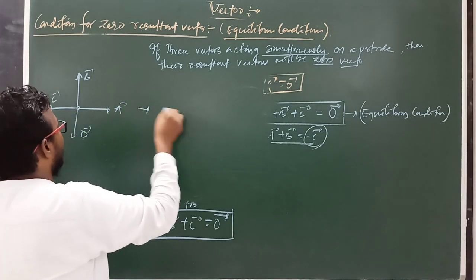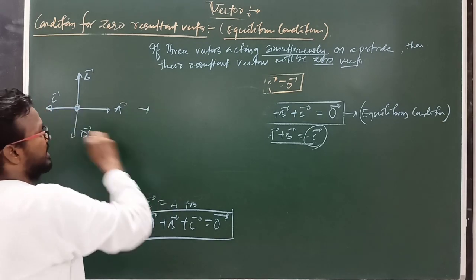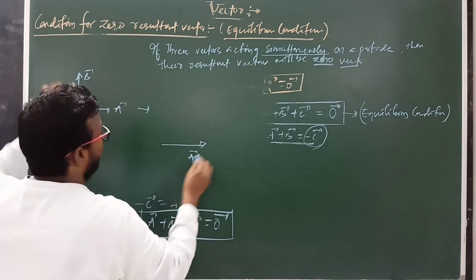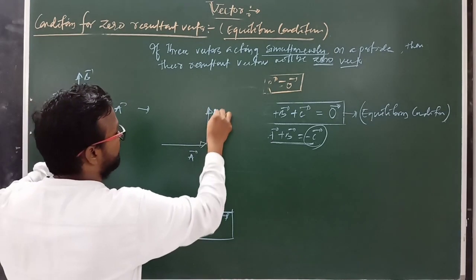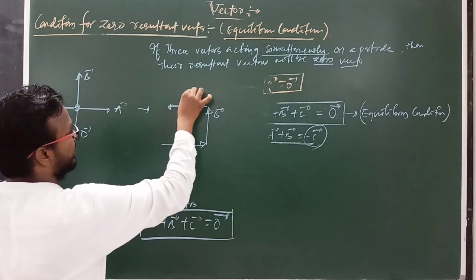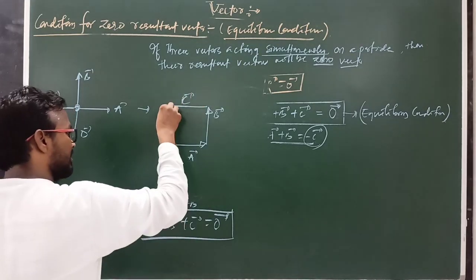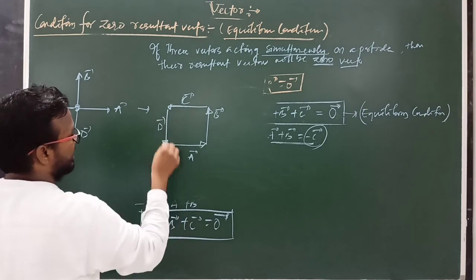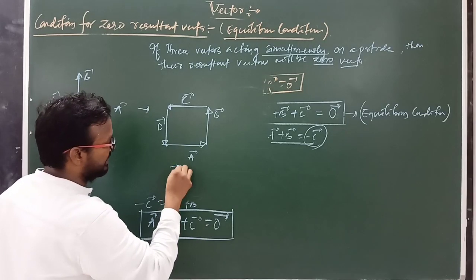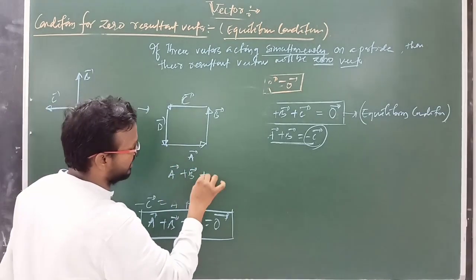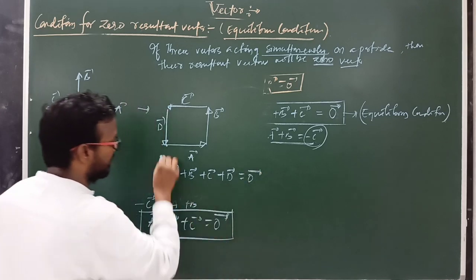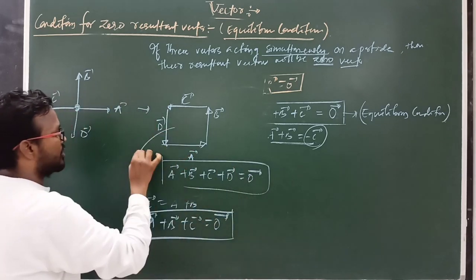The first vector is A, the second vector is B, the third vector is C, and this is the direction of C vector, and the fourth vector is D. Means the initial point and final point coincide at 0 here. So in this case we can write directly A plus B plus C plus D vector equal to 0 vector. Means this is a closed polygon.